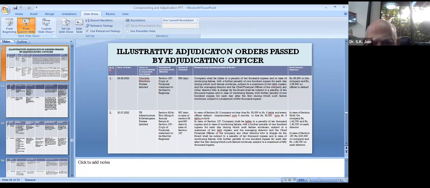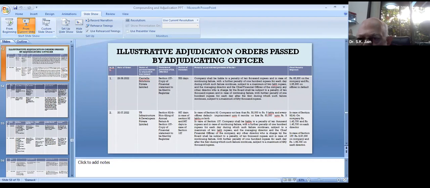In case of Section 92, annual return, the company is liable from not less than 50,000 rupees to 5 lakh, and every officer in default, imprisonment up to 6 months, or fine of rupees 50,000, which is minimum, which can extend to rupees 5 lakhs, or both. That means fine as well as imprisonment. In case of Section 137, where there is a default in filing financial statement, the company shall be liable to a penalty of 10,000 rupees. And in case of continuing default, which I have explained above.